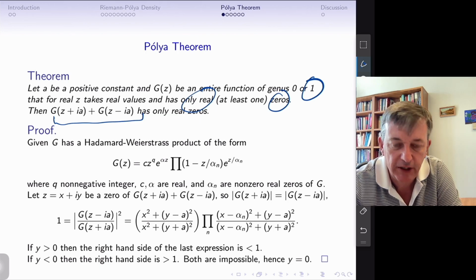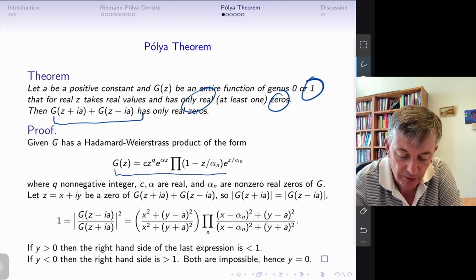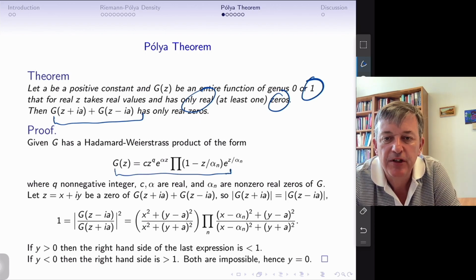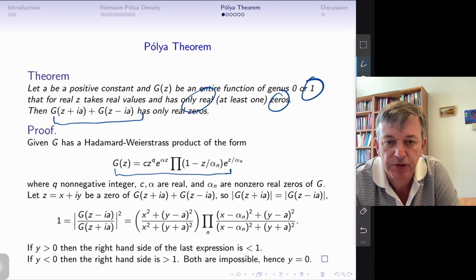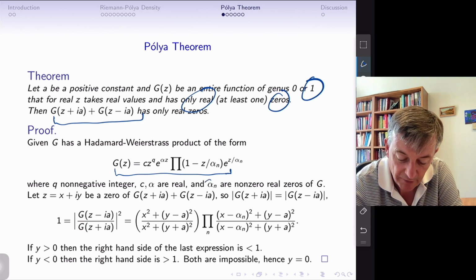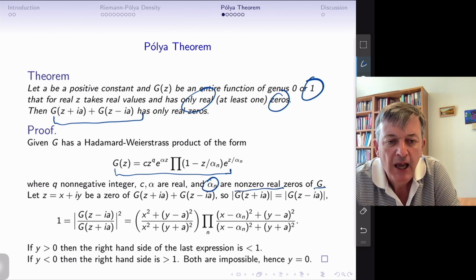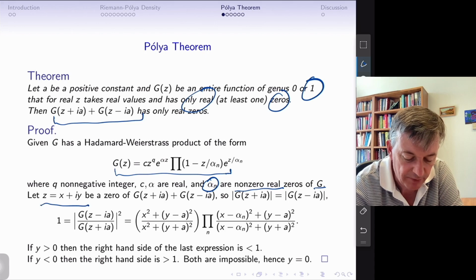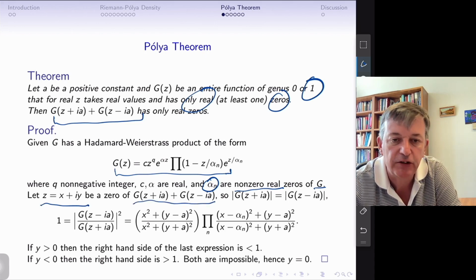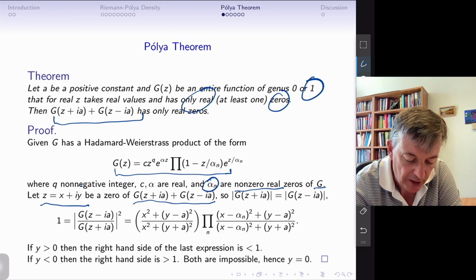Essentially you prove it by contradiction. You start with it being an entire function of order 1, so you have a nice Hadamard factorization with only real zeros, so you know that these alpha n are the non-zero real zeros of G, right? And then you just say, okay, suppose I have a zero of that composite function, that additive sum, that mixture, and you want to argue by contradiction.